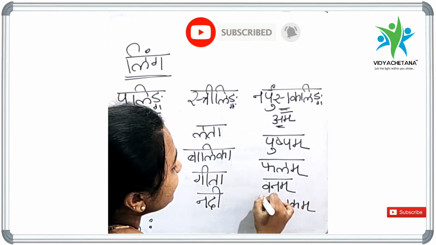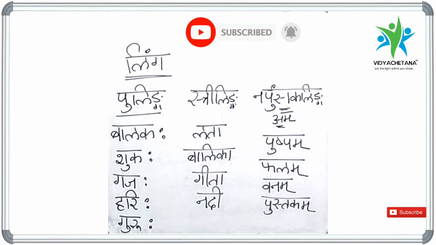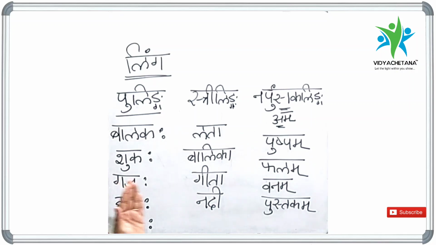These are a few examples for Napumsakalinga. All these words, if you observe, are ending with the letter m. So this is the list of Napumsakalinga words. These are a few examples to identify three genders in Sanskrit. One very important concept I want to tell here: all these words are in singular form, so the ending letter rule which I am explaining here is applicable only in singular form.